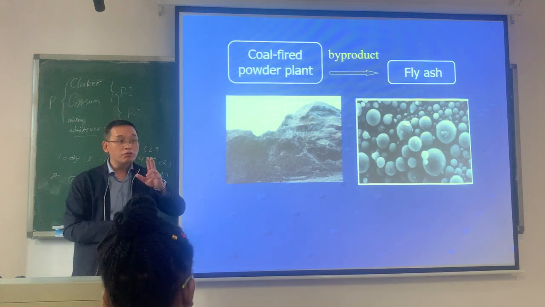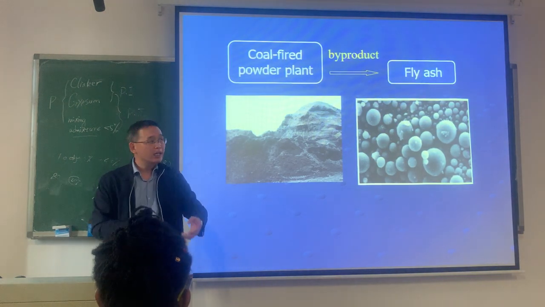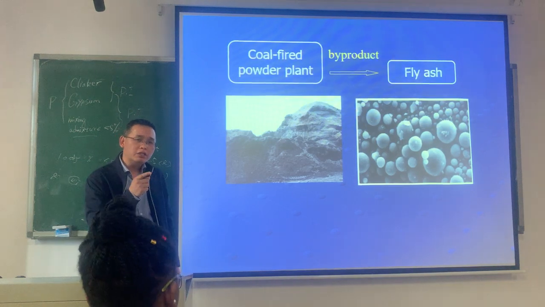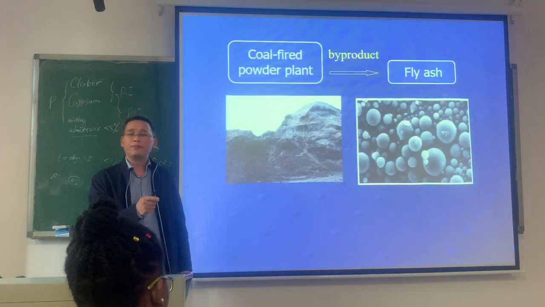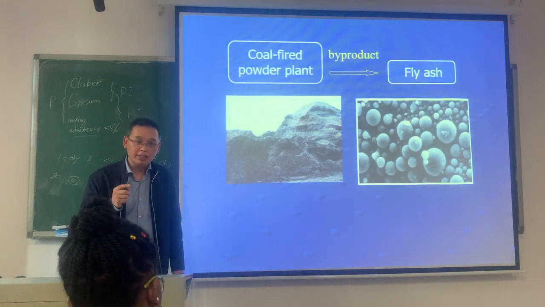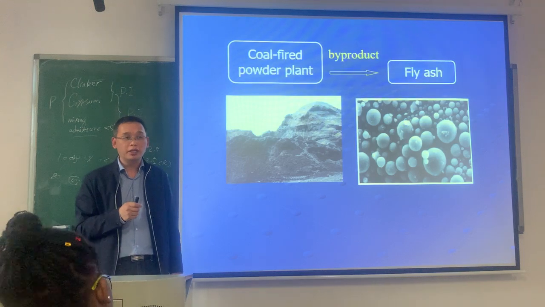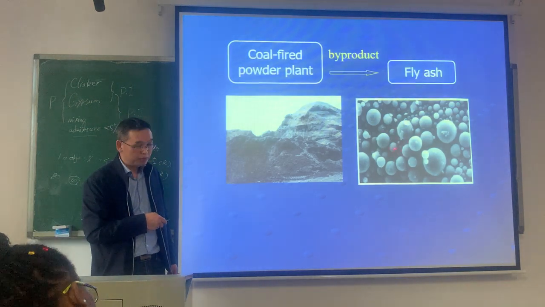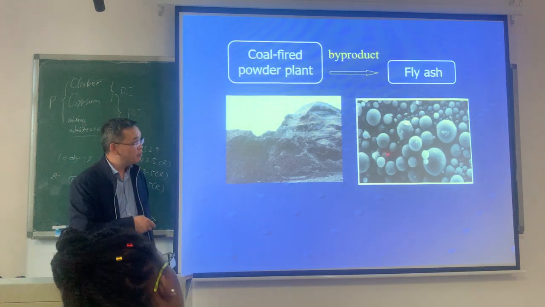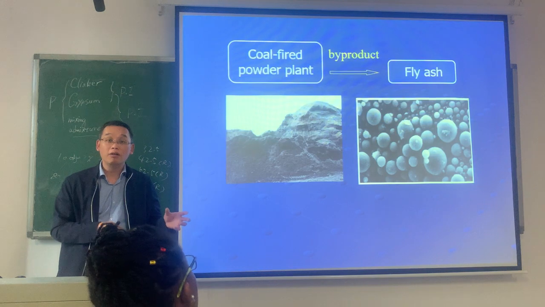Do you remember what I asked you? Why is this mineral admixture useful and very important for modern construction, modern concrete? Look at the shape of the particle. It's circular, just like a ball.